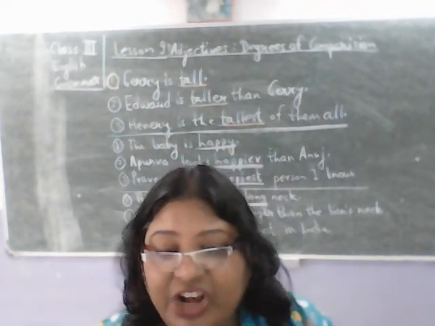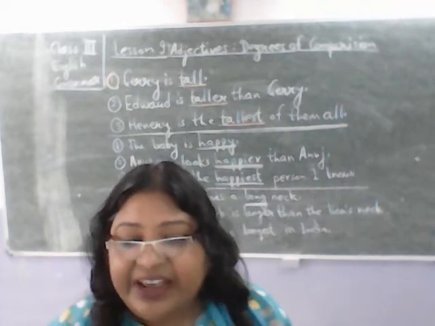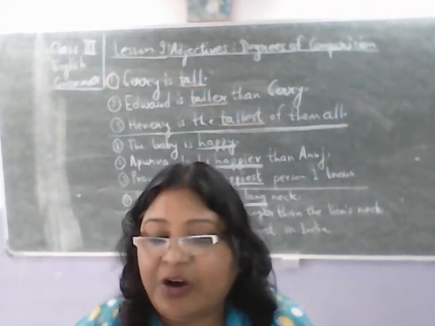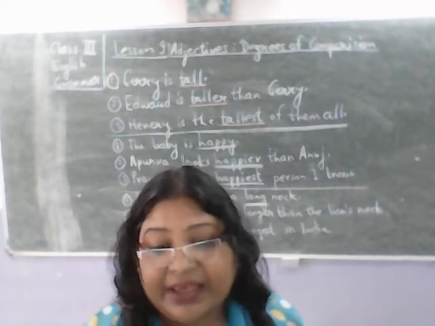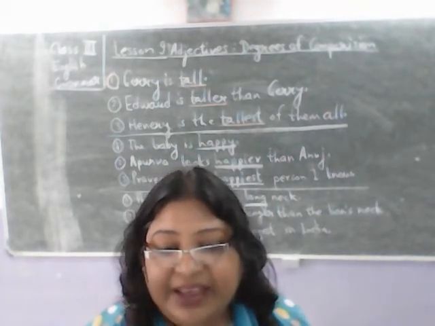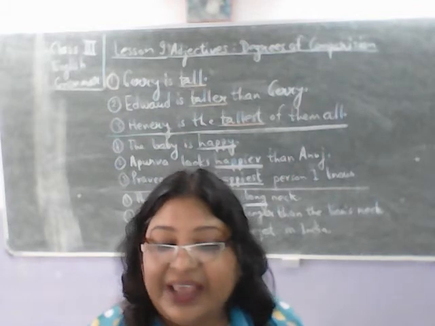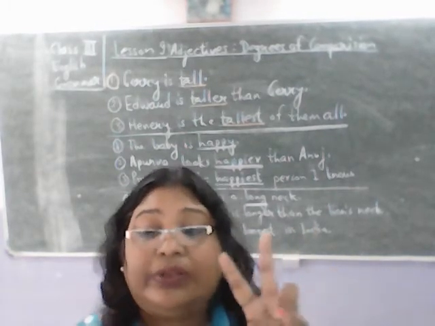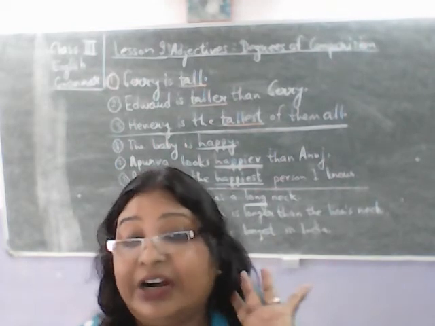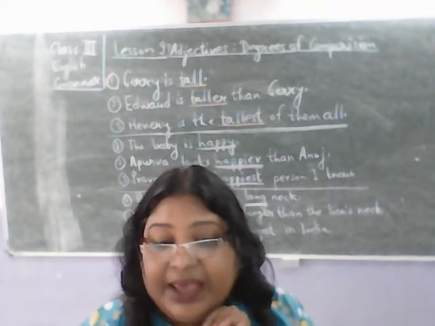So children, an adjective in the comparative form is always followed by than. Jarvis is faster than Jonathan. When you are comparing two, you have to use the word than also.